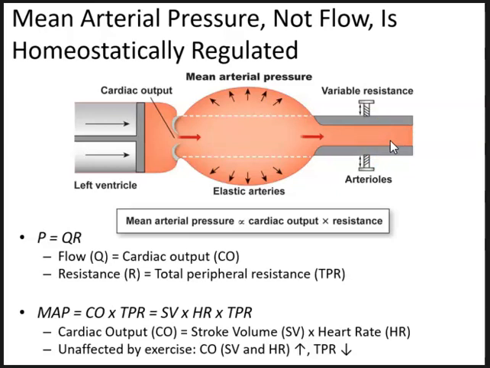So the two formulas that you should know and understand are mean arterial pressure equals cardiac output times total peripheral resistance, as well as mean arterial pressure equals stroke volume times heart rate, which is the same formula for cardiac output, times total peripheral resistance. So make sure you know and understand these formulas.